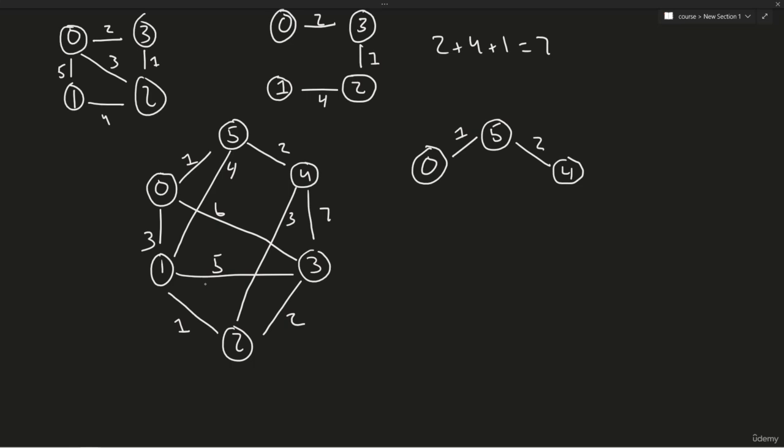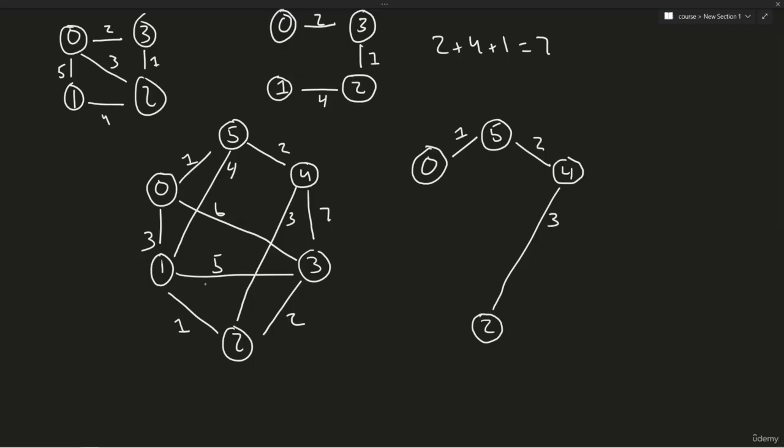From 4 we can go to 3, or we can go to 2, and if we go to 3 we have 7 as our weight, and if we go to 2 we have 3 as our weight. So we'll go to 2 since we have a weight of 3.